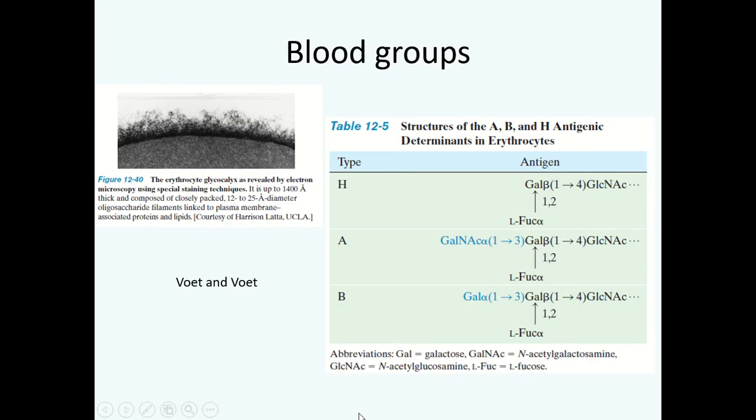So this is again something we have commented about earlier as well while talking about carbohydrates. This is about the ABO blood groups. The ABO blood groups are the antigens which are present on the surface of the red blood cells. So these are specific types of glycolipids which are present on the red blood cells, and the carbohydrate part, this is the base oligosaccharide.